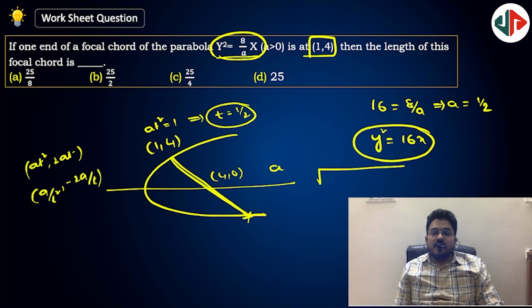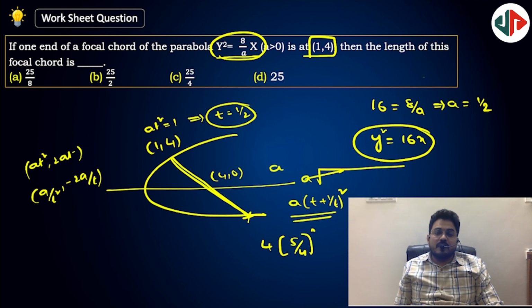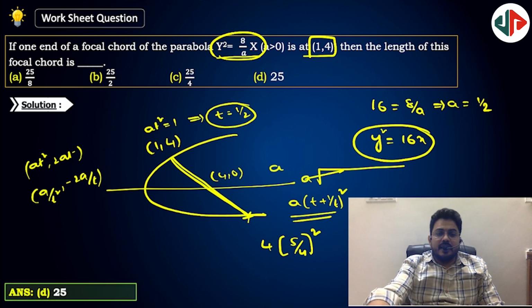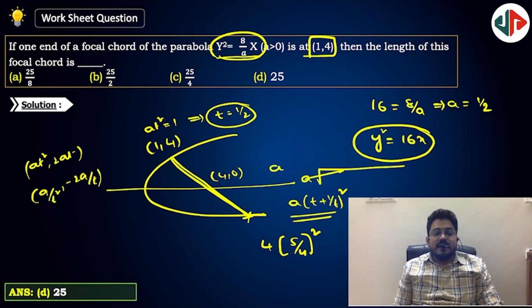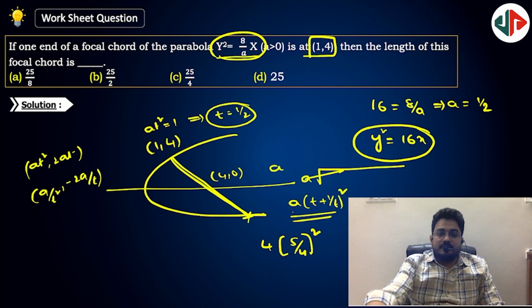So length of focal chord is a is common, and then it will be t plus 1 by t whole square, will come on simplification. So this will be a is 4, t plus 1 by t is 2 plus 1 by 2, 5 by 2 whole square. So the answer is going to be a square.